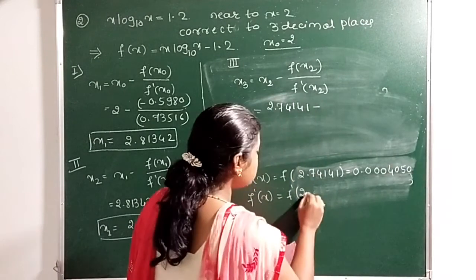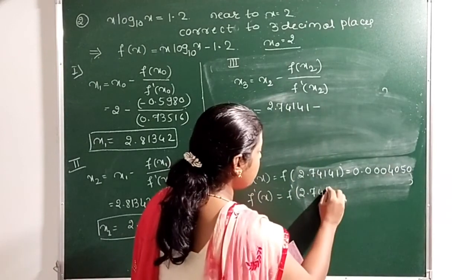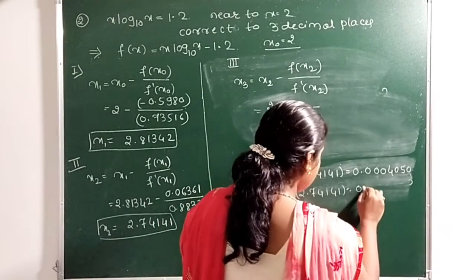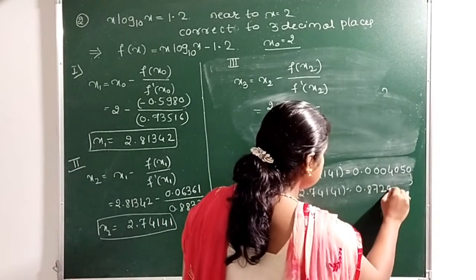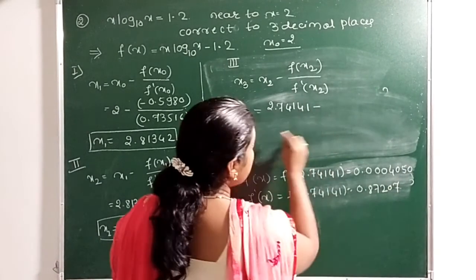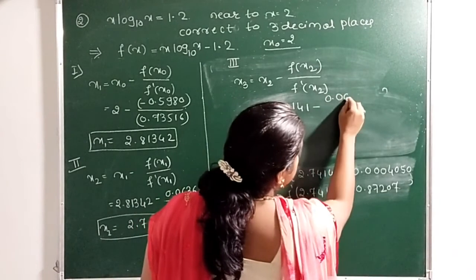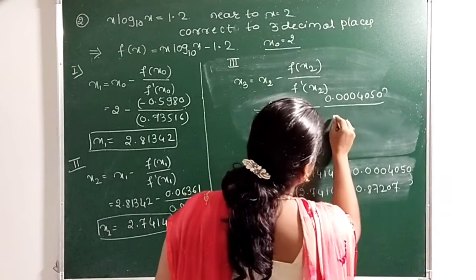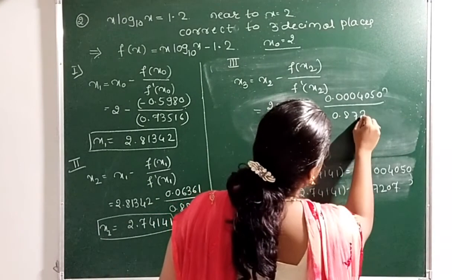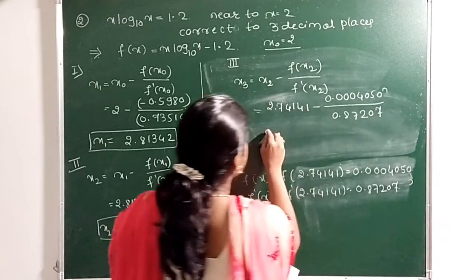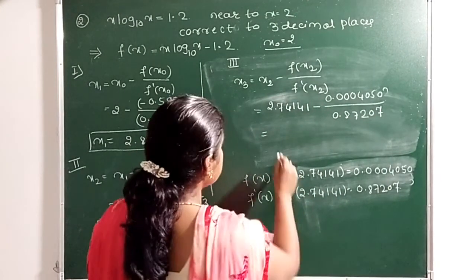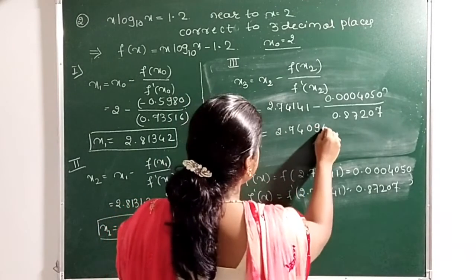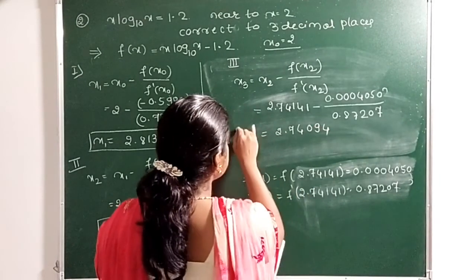In f dash also you have to substitute 2.74141, which is equal to 0.87207. Here you have to substitute those values, 0.0004050 divided by 0.87207. Now after simplifying this, you will get 2.74094. This is the x3 value.